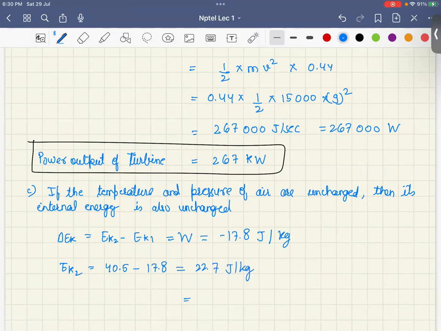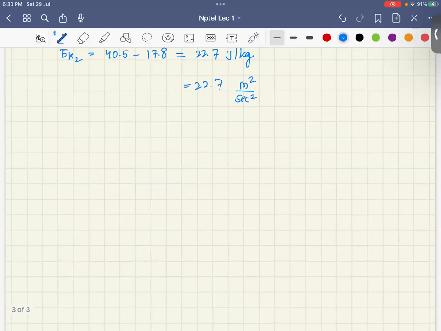Which when we convert into units is 22.7 meter square by second square, right? Therefore, EK2, which is nothing but U2 square by 2, is nothing but 22.7 meters square by second square.